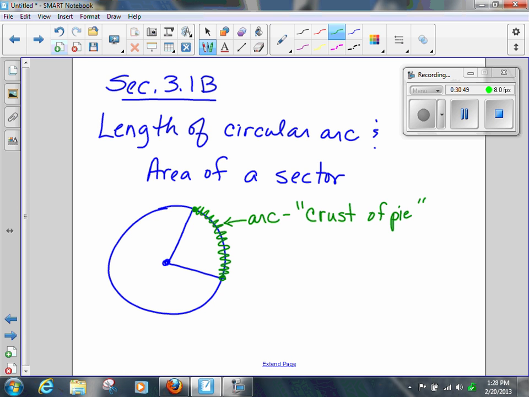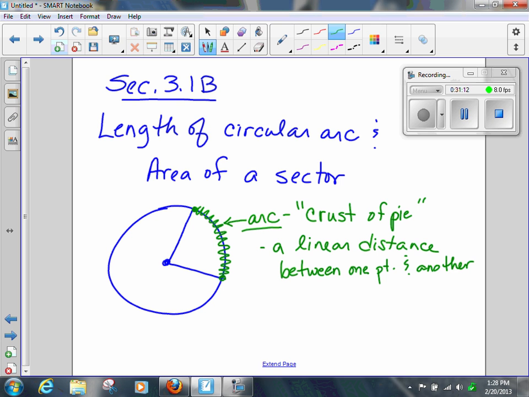It is a linear distance between one point and another on the edge of the circle.